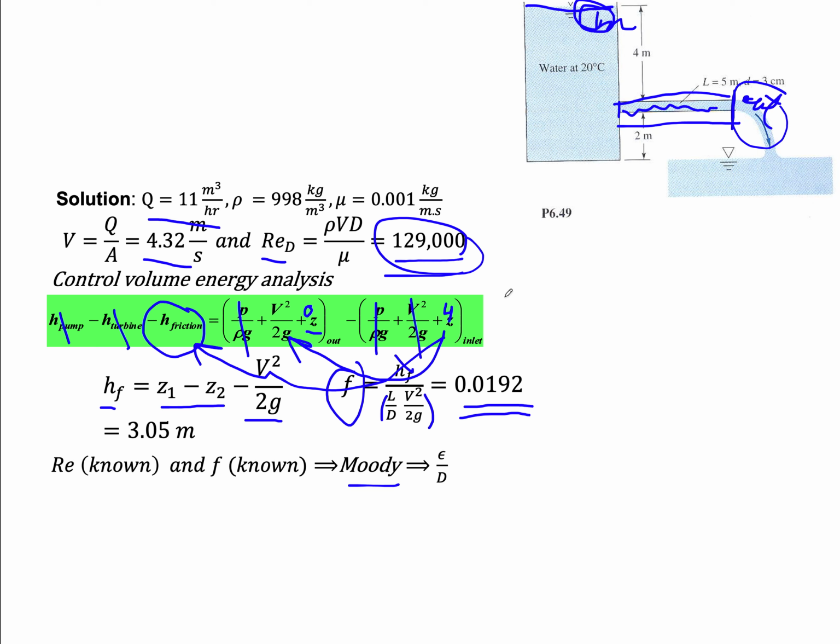So we really need to know whether we're rough or smooth. But since they ask us what the epsilon over D is, it's probably going to be a rough type of pipe. So let's get the Moody Chart.